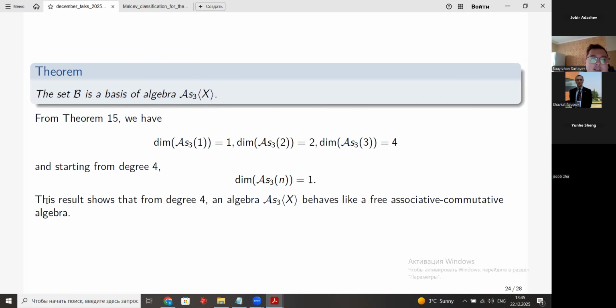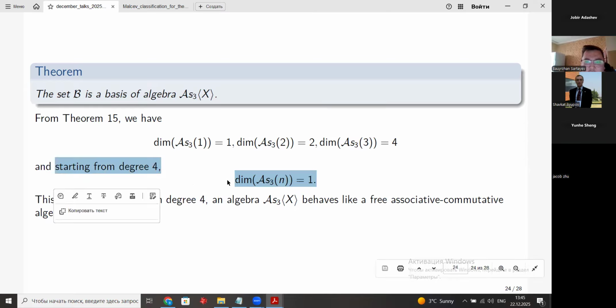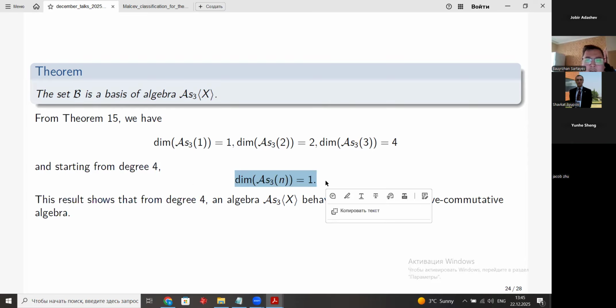And this result shows that starting from degree 4, the free third type associative algebra behaves like a free associative commutative algebra. Because you know that the associative commutative algebra in any degree has dimension 1.